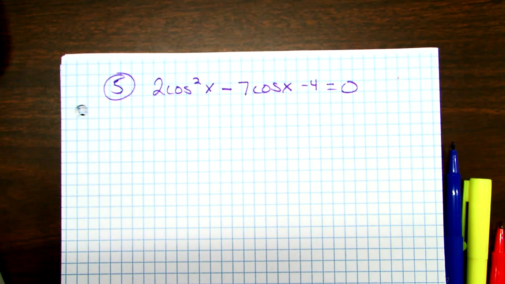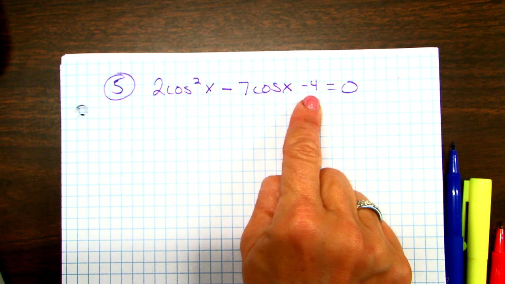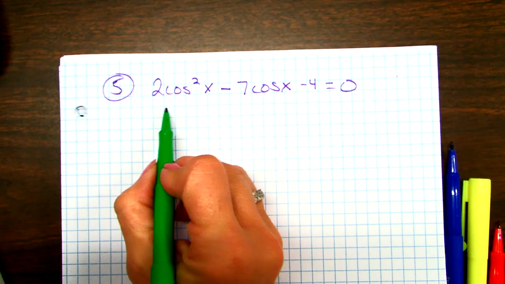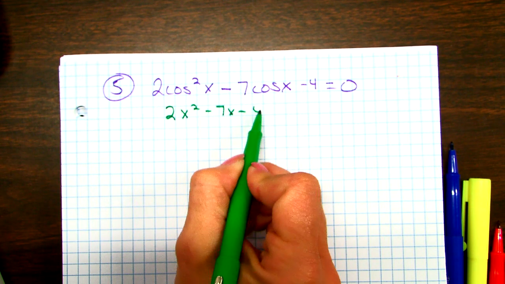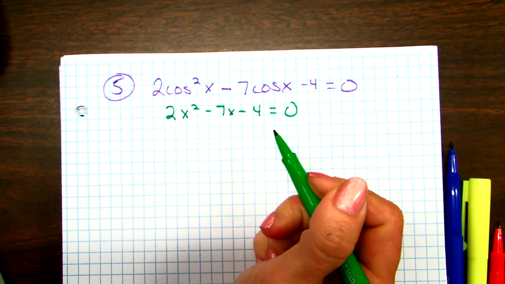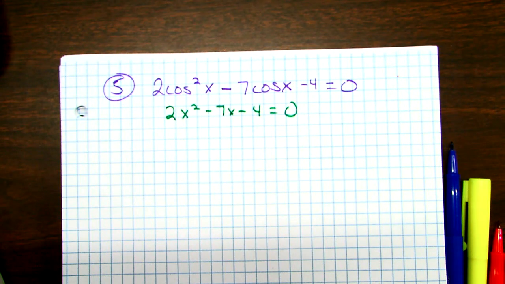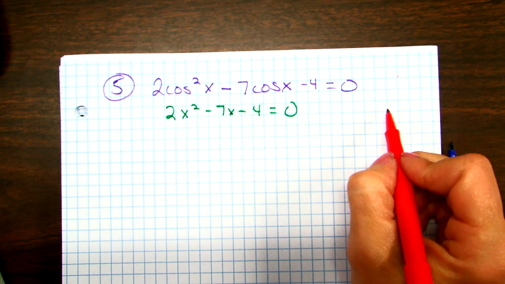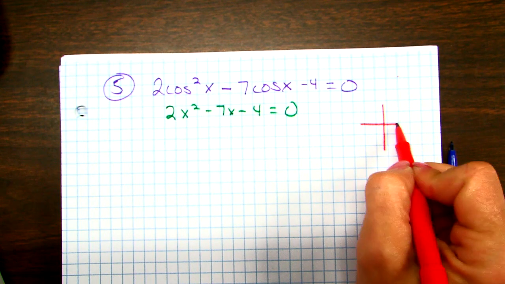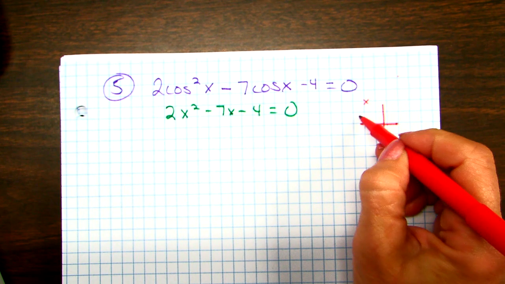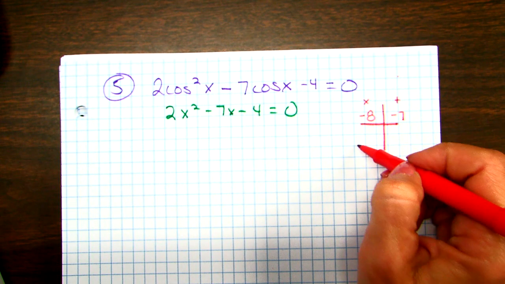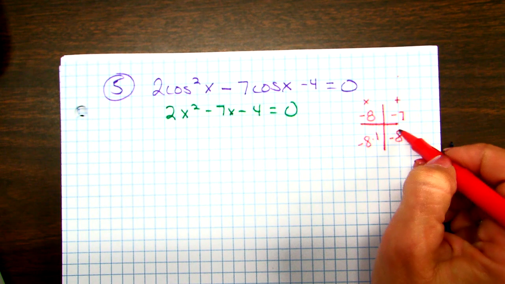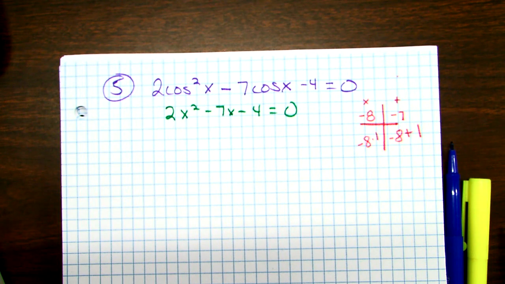Okay? So this is a quadratic trinomial. We have an x squared, an x, and a constant. So I'm going to say, I'm more comfortable seeing it like this. But you don't have to. You can totally write cosine a bunch of times in here, but I think it gets a little confusing. I'm going to ask myself what 2 numbers multiply to get -8, add to get -7, and it would be those numbers.